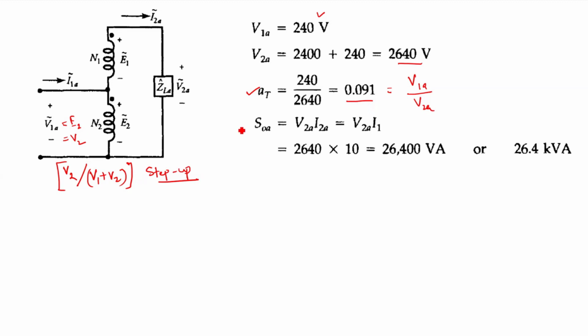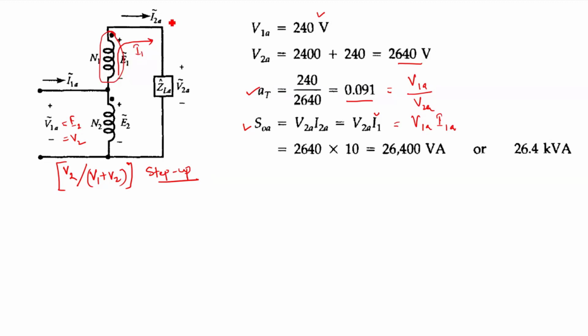And if I find the kVA rating of this transformer, in a similar way, V2A into I2A will give me the output, and it is also equal to V1A into I1A. Here I2A is equal to I1, because you can see the winding connected in the output circuit is N1, so the rated current of this winding is I1.